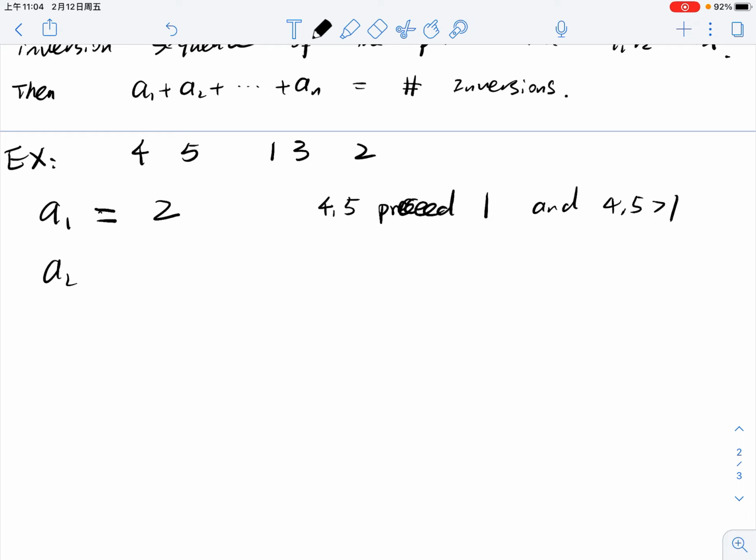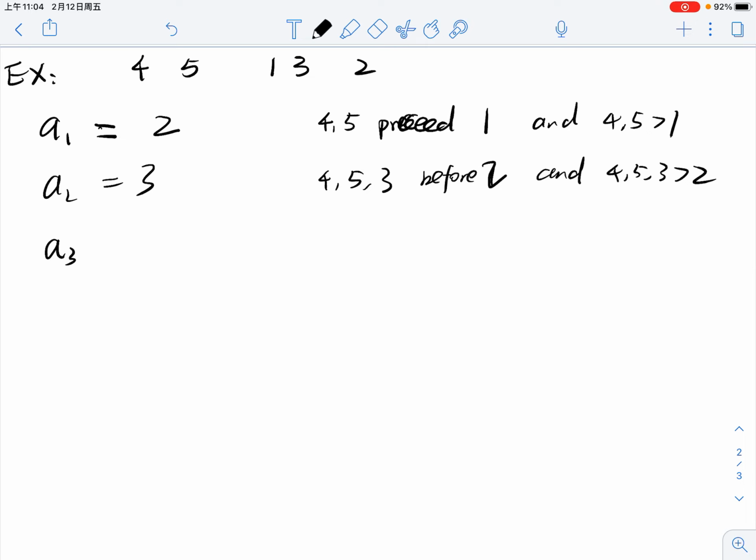And for A2, similarly, you have 4, 5, 3 before 2, and 4, 5, 3 are strictly greater than 2. So this is 3. And then A3, you have 4, 5, and so this is 2.